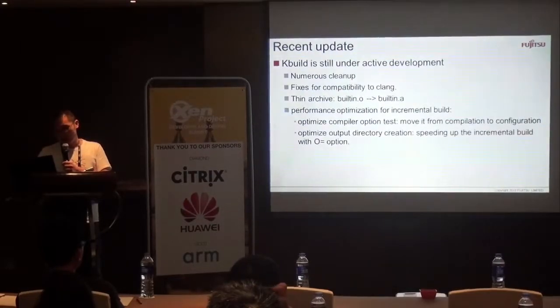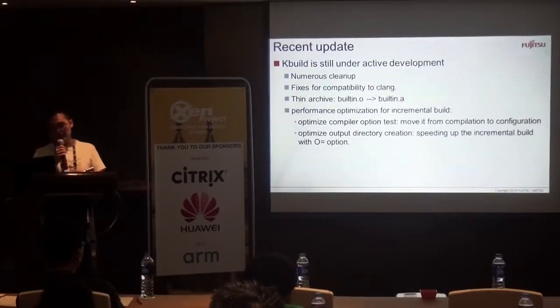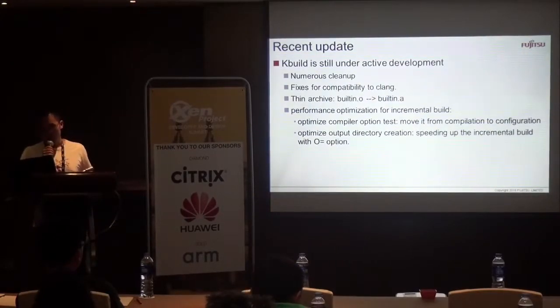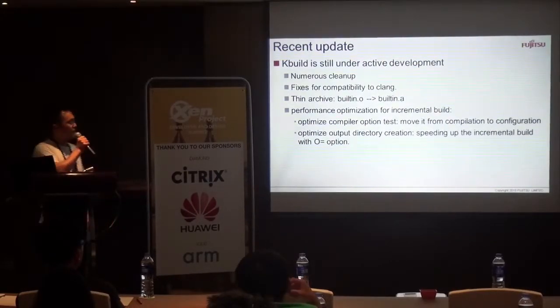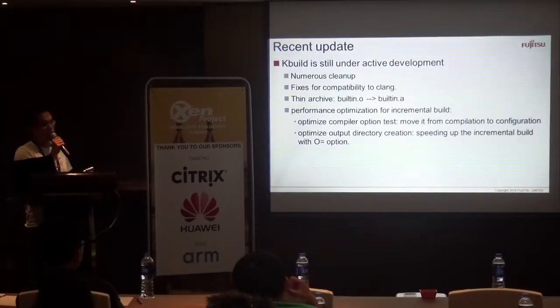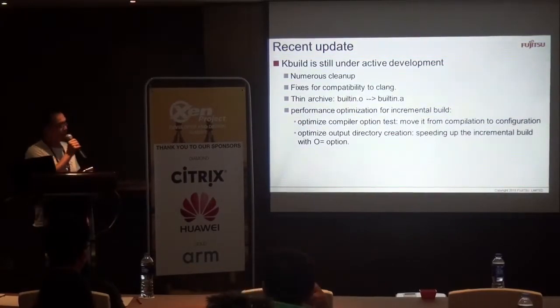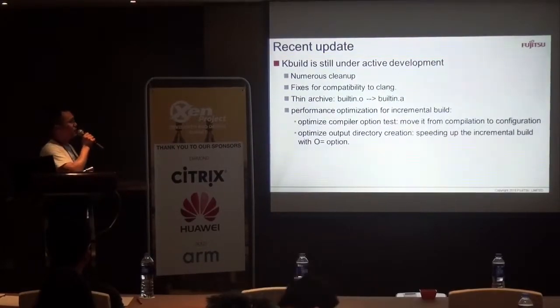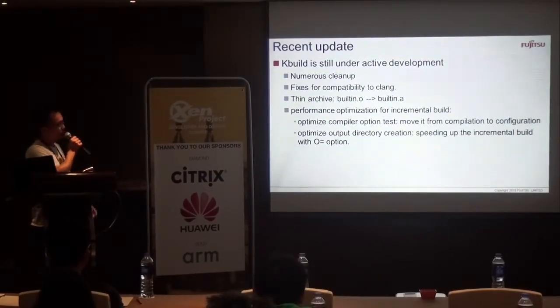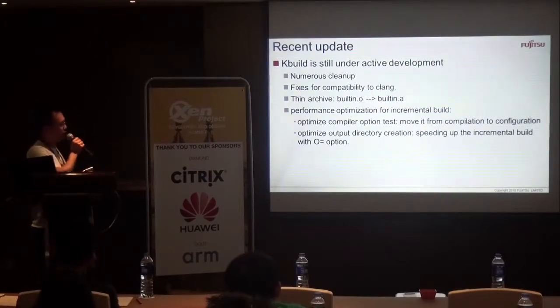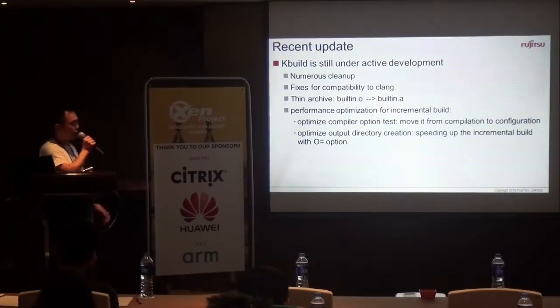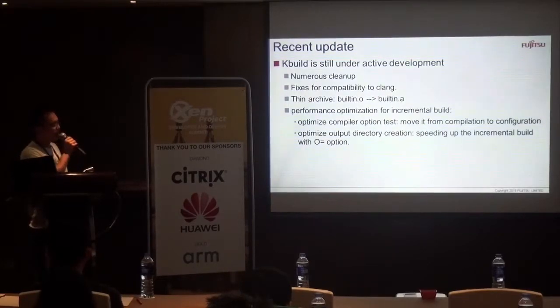Since the new maintainer came, there have been a lot of improvements. For example, numerous cleanups. I also posted dozens of cleanup patches to Kbuild, and some fixes for compatibility with the new compiler, Clang. And as I just mentioned, built-in.o is now renamed to built-in.a, which means the archive.